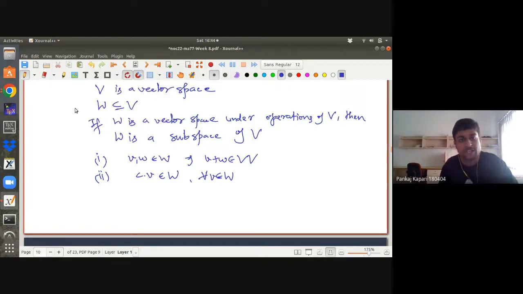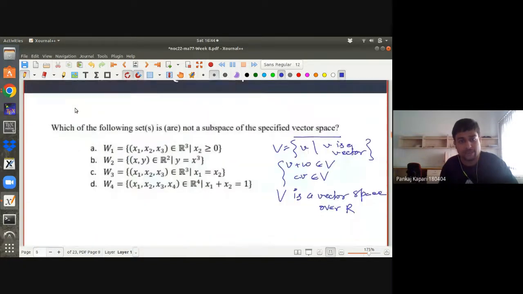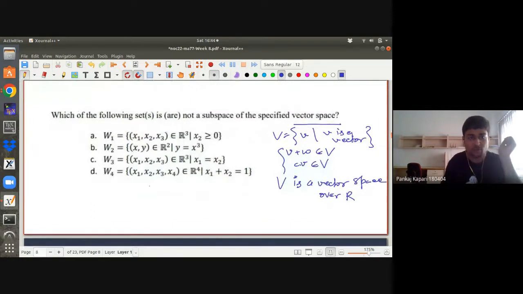Okay, so let's see in which cases these properties hold. We have been given some subsets. What is our vector space here? Vector space is R3. You can see that all these vectors lie in R3. Here in this case the vector space is R2, and here the vector space is R4.